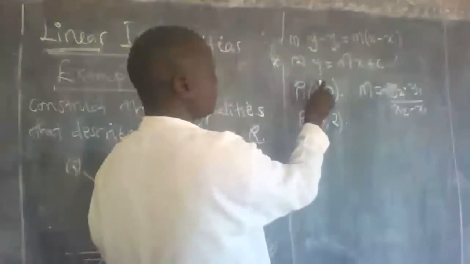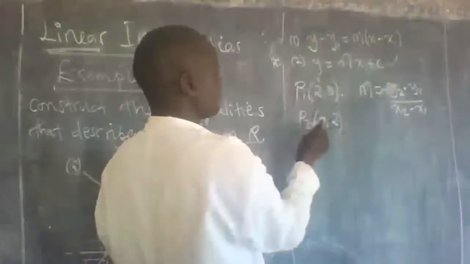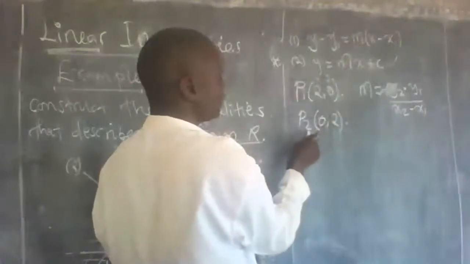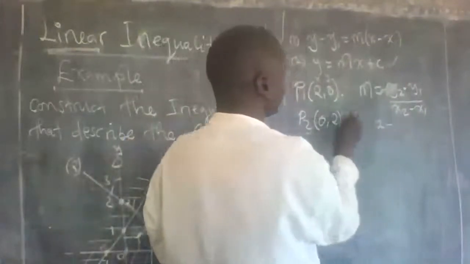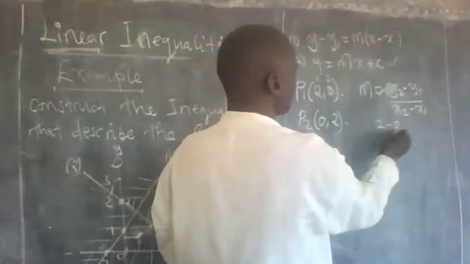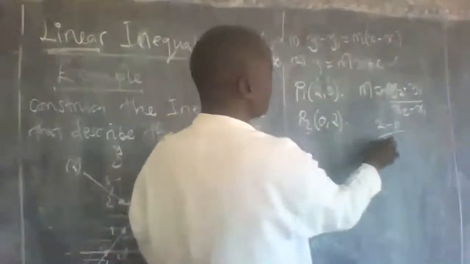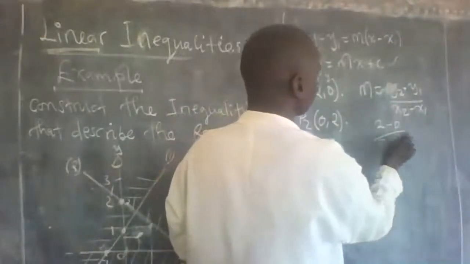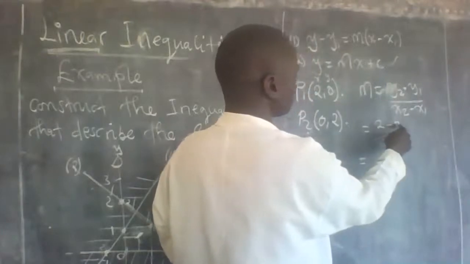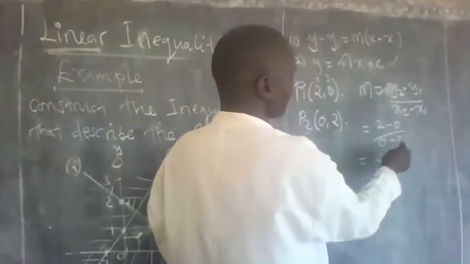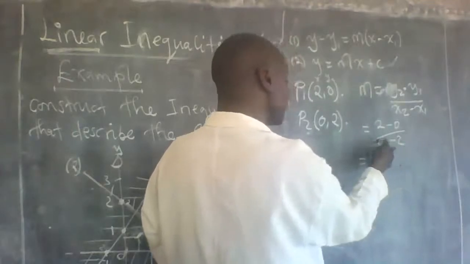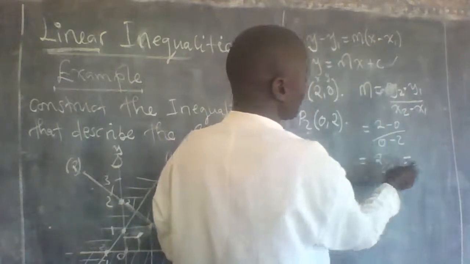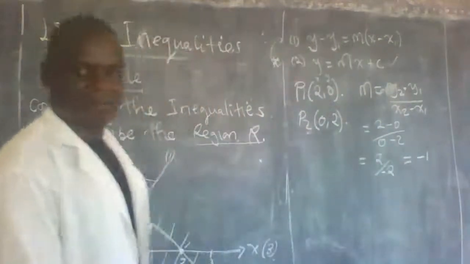The y2 here is 2 minus the y1, which is 0, over the x2, which is 0, minus the x1, which is 2. When you subtract 0 from 2, you have 2, over, you subtract 2 from 0, you have negative 2. And therefore, the gradient, when you divide, is negative 1.